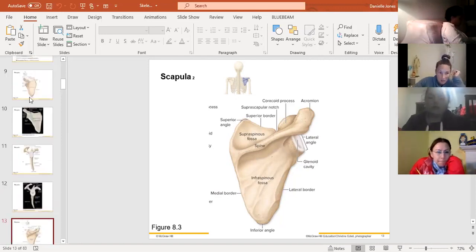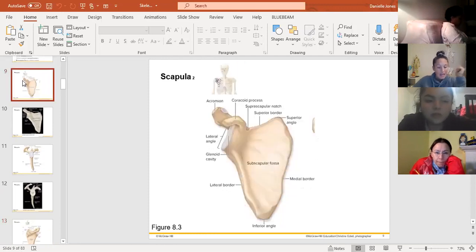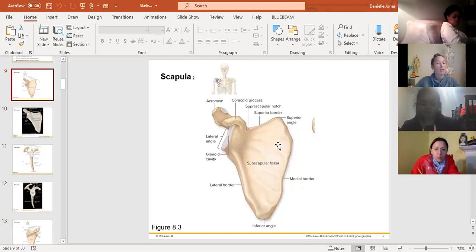Let's go back to the anterior view real quick. I'm going to tell you this one structure for you to just hang tight and then run with me when we get to the posterior. I think it'll make a little more sense. Fossa, shallow depression, right? Here's that fossa. Subscapular.